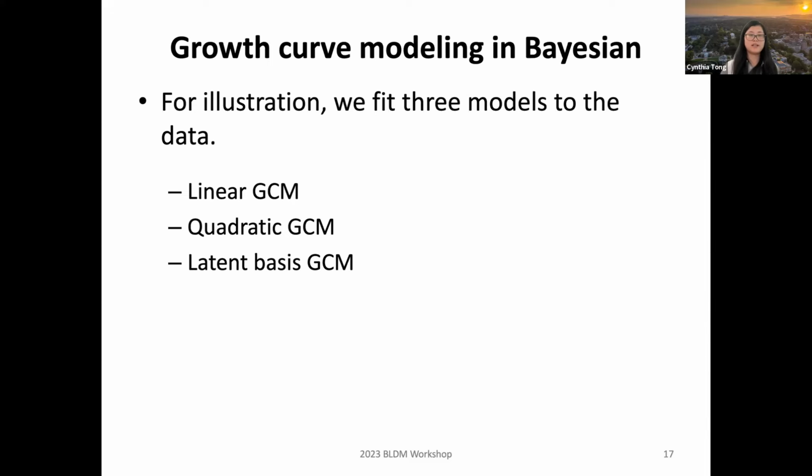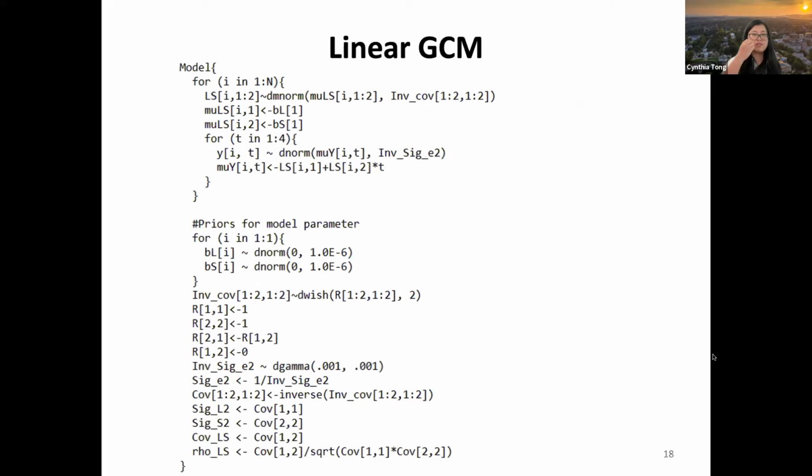As a preparation, I already uploaded how to install R and JAGS on the Moodle website, so you can follow instructions to install all the required software. Here, I'll just briefly introduce the JAGS code, and then later in the practice session, I can explain a little bit more about that.